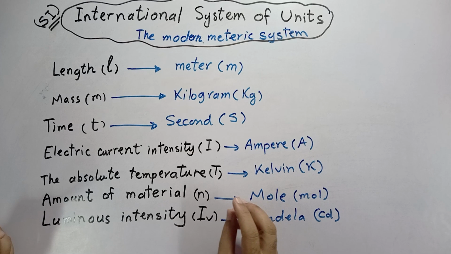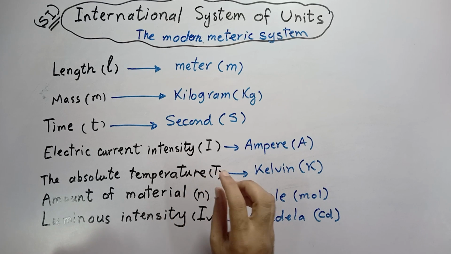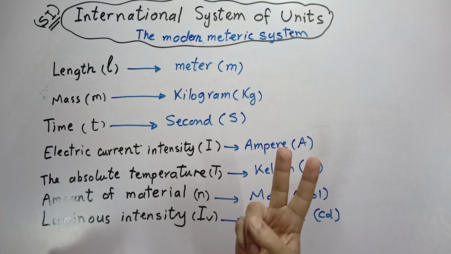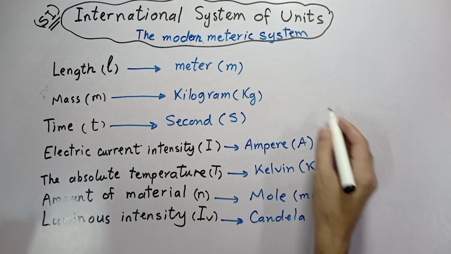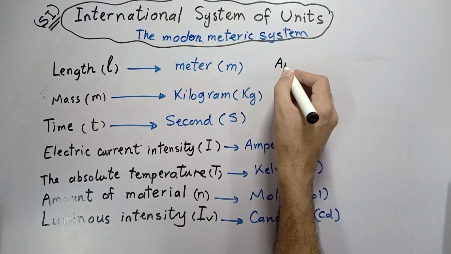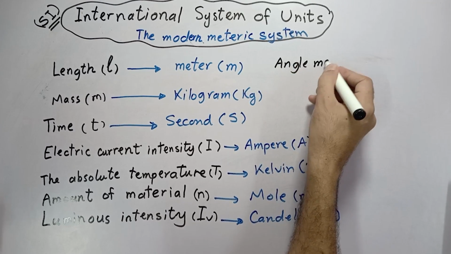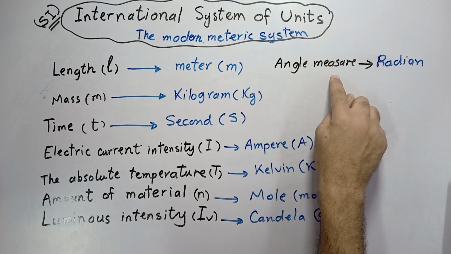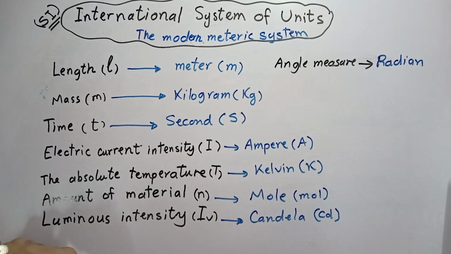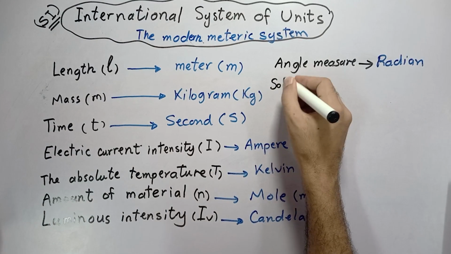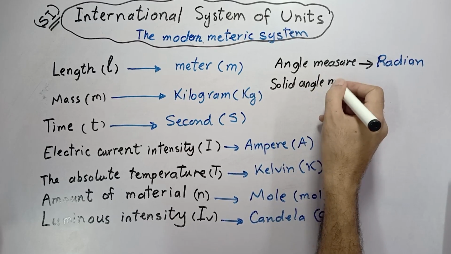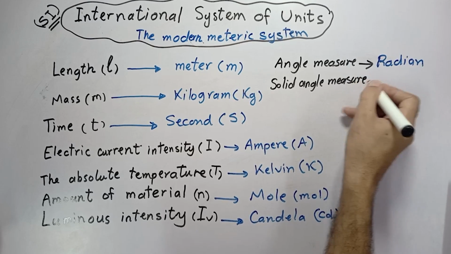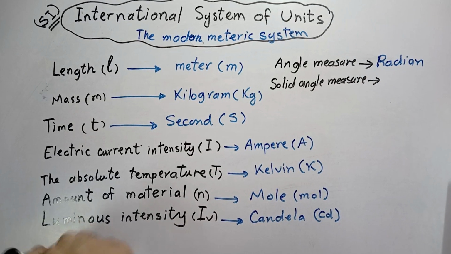Then after that, the scientists added 2 other units for these units. Actually, number 8 and 9. They added for angle measure, they used radian, and for solid angle measure, they used steradian.